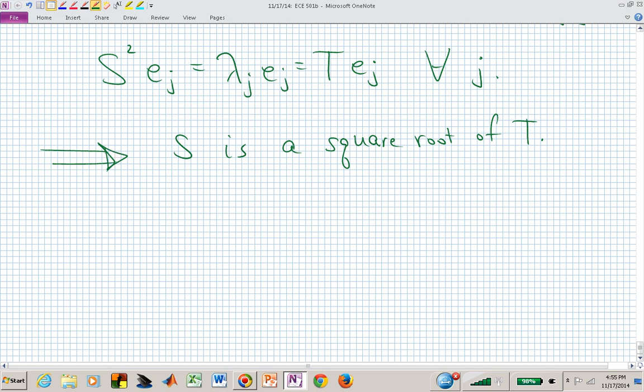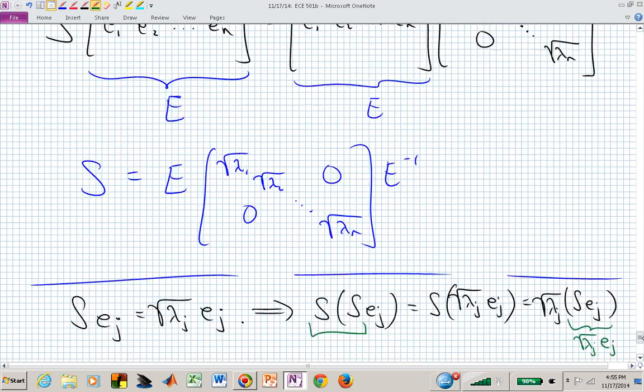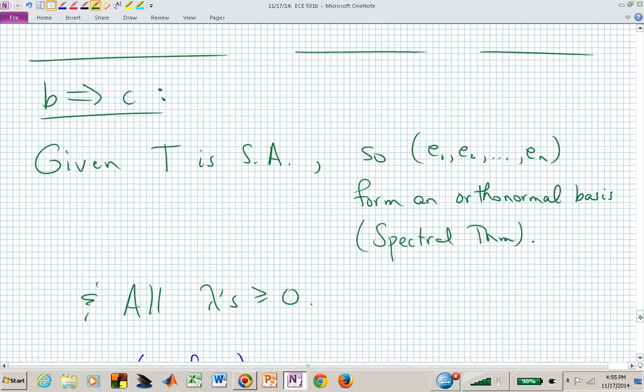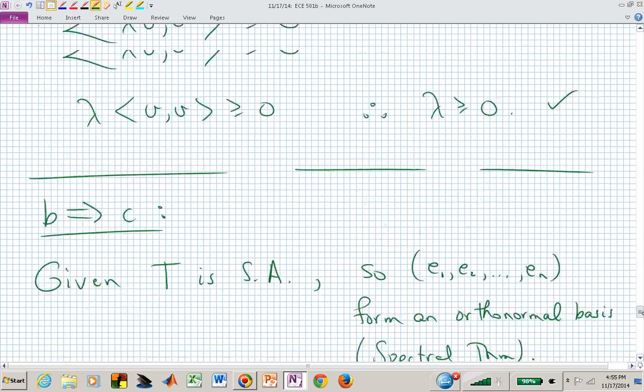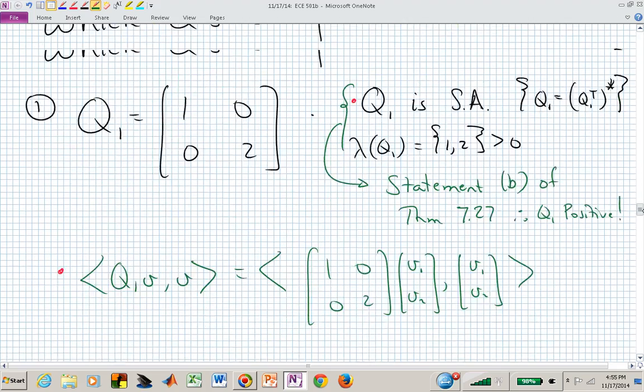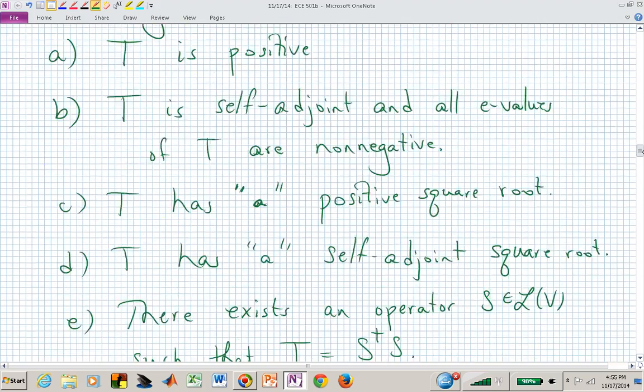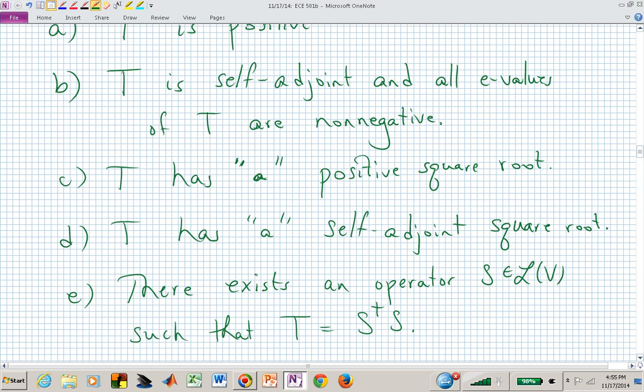Now, I need to show that it's positive. And to show that it's positive, I needed to show those two properties. So what am I trying to show? B implies C, and C was I have a positive square root.